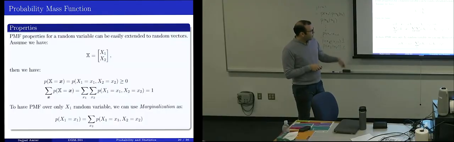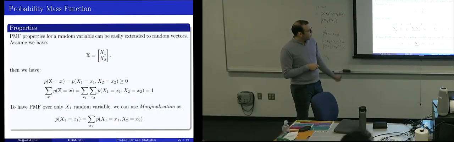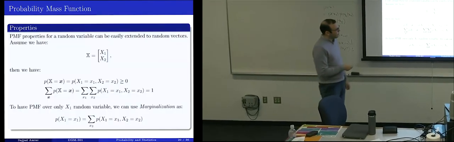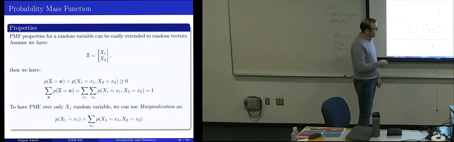Another point is marginalization. It means that if you want to have the probability mass function over one of the elements, you should marginalize out the other element. You should evaluate the summation over all possible numeric values for the other random variable, and then you have the PMF for one random variable.